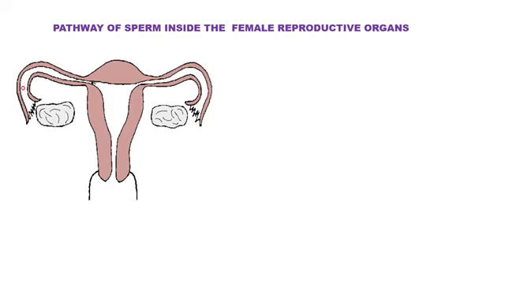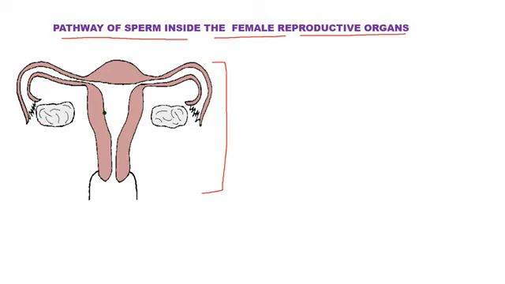Now this is a very important pathway of the sperm inside the female reproductive organs. It is an important part of reproduction, because before fertilization the sperm has to know the path.